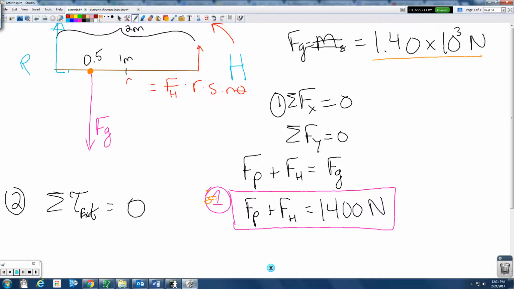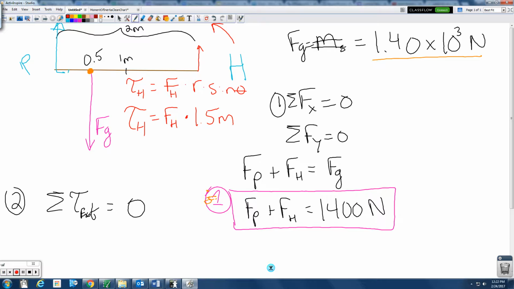So we have the torque produced by Henry, which equals the force of Henry times the radial distance, which we can see is 1.5 meters from that axis. So 1.5 meters times the force of Henry is the torque.